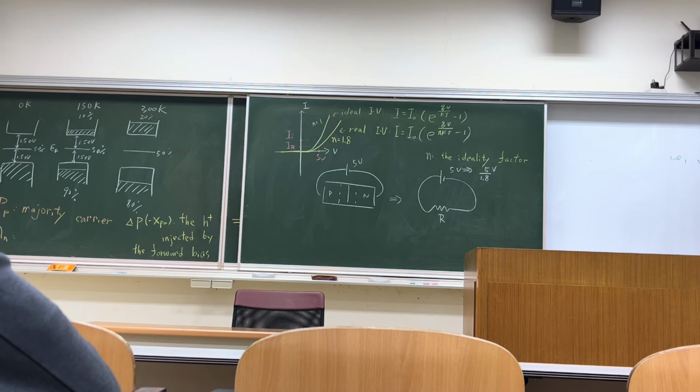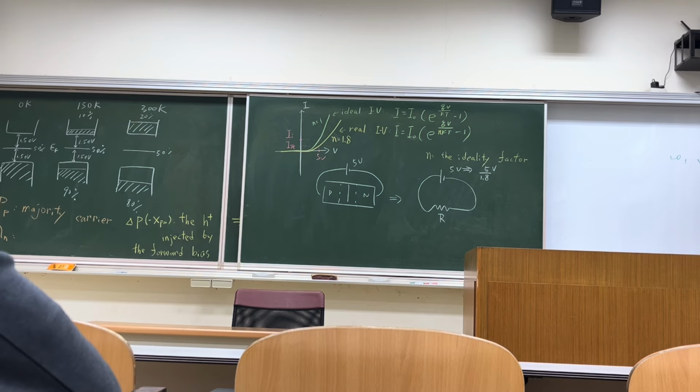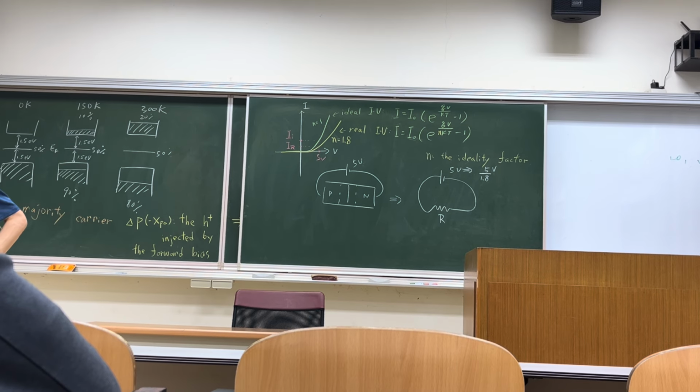Low voltage here, we are talking about the voltage below 0.3 volts. 0.3 0.3伏。好，我们叫它是小的偏压。And you see what is the n at 0.3 volts or less.